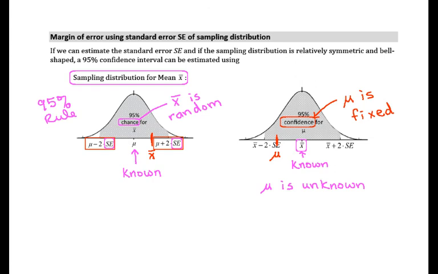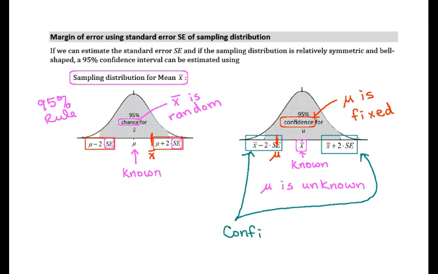So the takeaway from this is that we have two endpoints of this interval. They are x bar minus 2 times the standard error and x bar plus 2 times the standard error. And that tells us that this is how we find a confidence interval, that these two bounds create my confidence interval. And in fact, this is a 95% confidence interval because it's all based on the 95% rule.